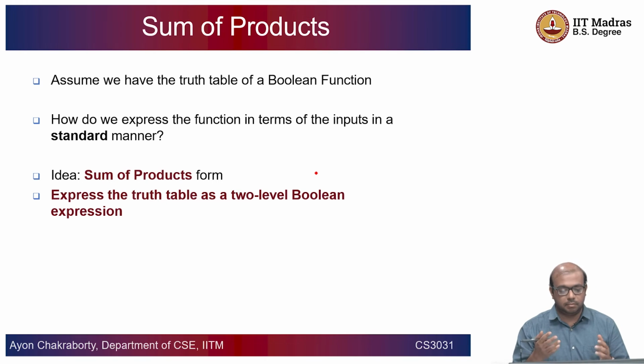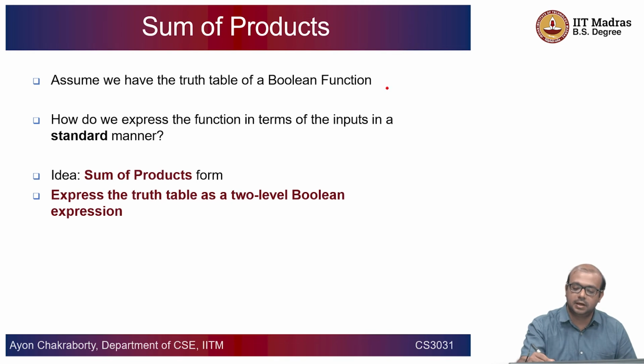Okay, so one is a truth table. As you have seen in the tic-tac-toe example, the number of rows in the truth table increases exponentially with the number of input variables. We had 9 inputs in the tic-tac-toe table, if you remember, starting from A11, A12, A13, A21 and so on, and you had an output.